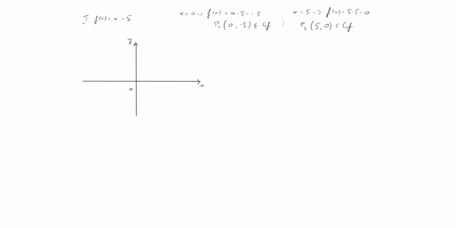So first we take P1, where the x coordinate is 0 and the y coordinate is minus 5. So here we have P1. Okay, and then P2, the x coordinate is 5 and the y coordinate is 0, so we have here P2. Okay, and now we draw the line.